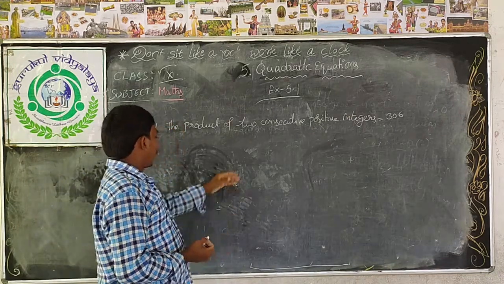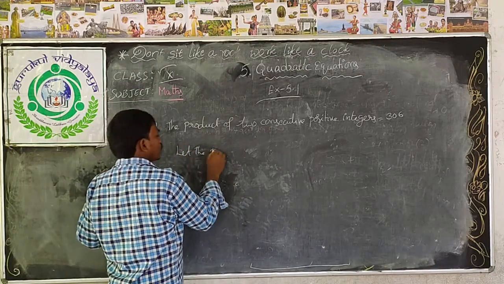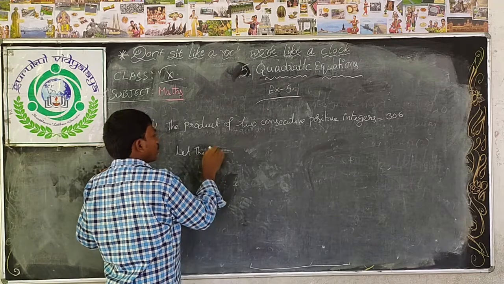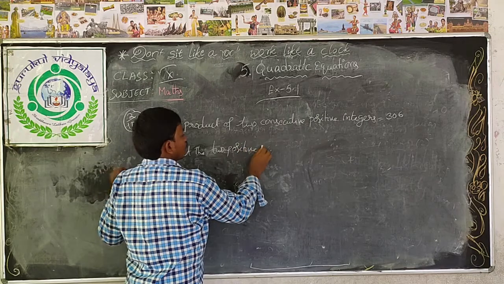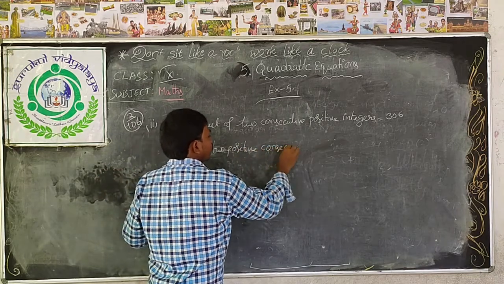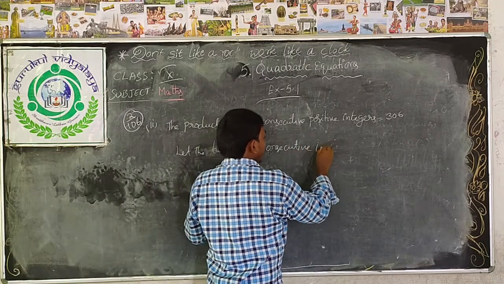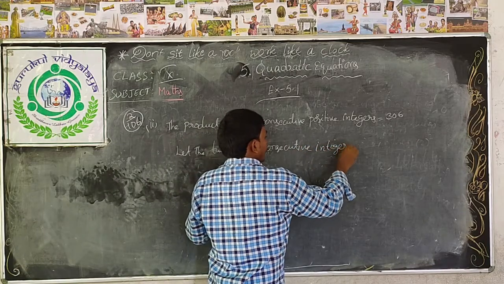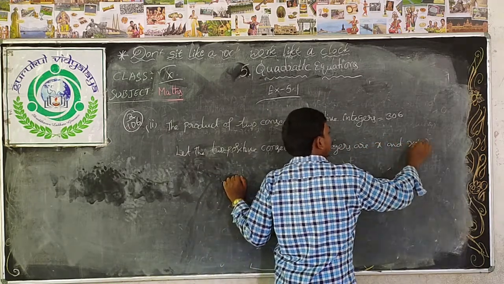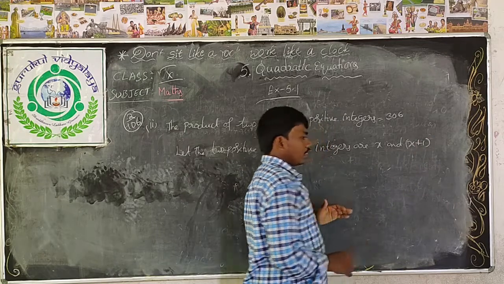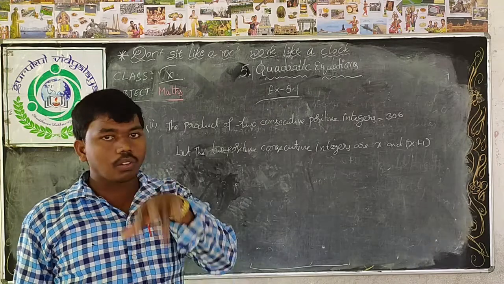Here, let the two positive consecutive integers be x and x plus 1. If one is x, the next one is x plus 1. Okay? Consecutive means their difference is 1.